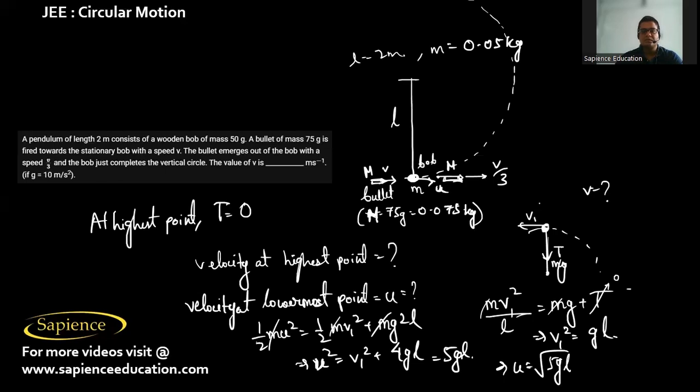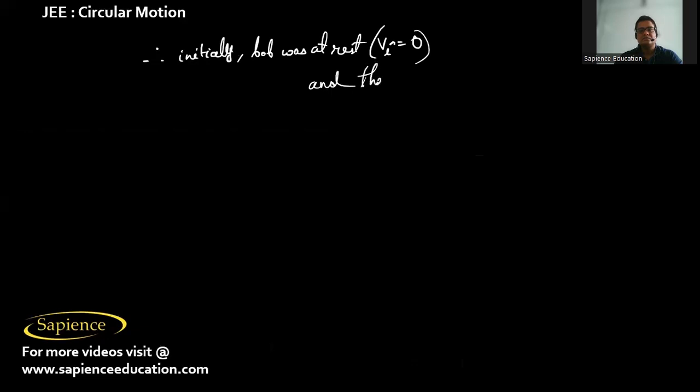And here we can apply the conservation of linear momentum. Initially the bob was at rest, so its initial velocity was 0, and the bullet was moving with velocity v.